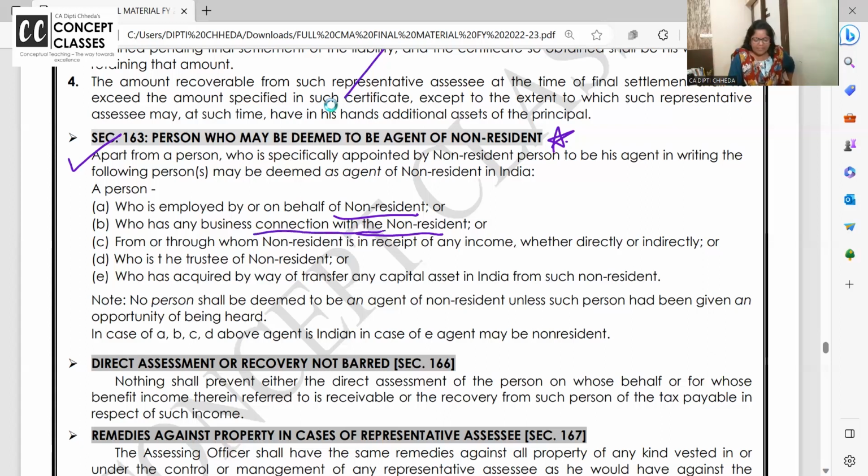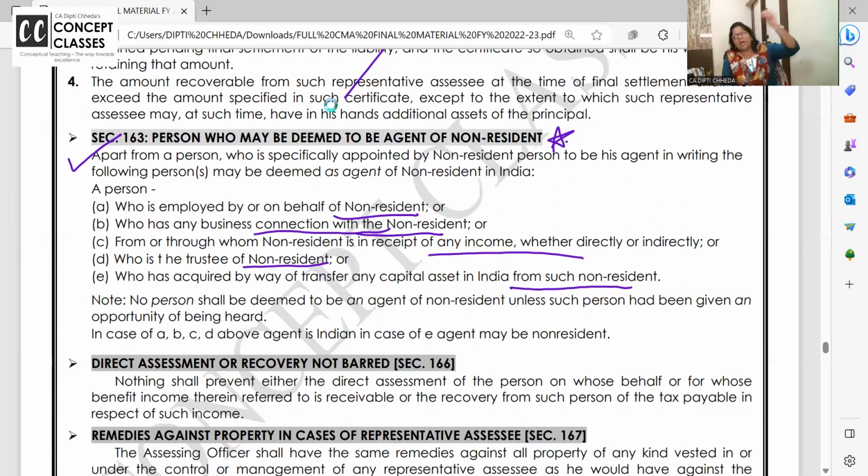Or if he has a business connection, you remember, the non-resident should pay the tax in India either through business connection or through his status, or from whom the non-resident is in receipt of any income, or a trustee of the non-resident, or who has acquired by way of transfer any capital asset in India from such non-resident.